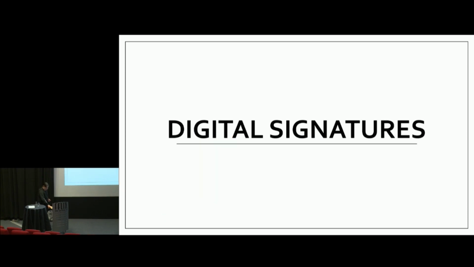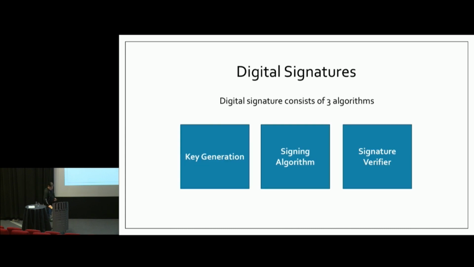Okay, so the last primitive that we had on our list is digital signatures. So digital signatures are used for being able to sign some data so that you can prove the authenticity of that data. Now a digital signature has three components to it. So we have key generation, we have a signing algorithm, and then we have a signature verification method.